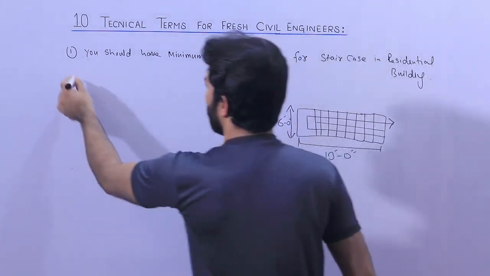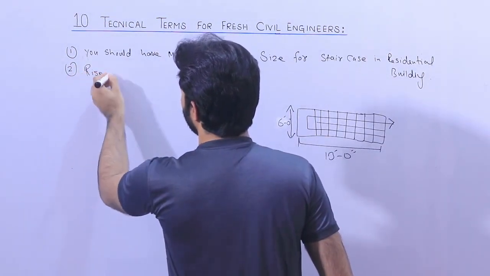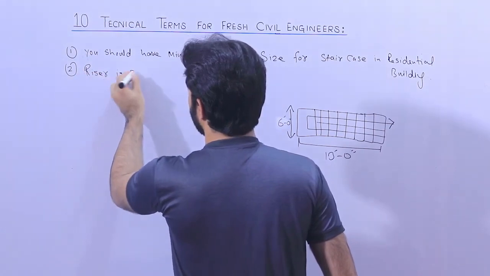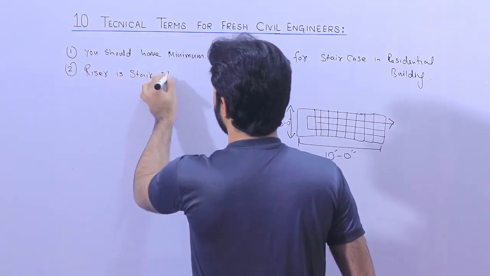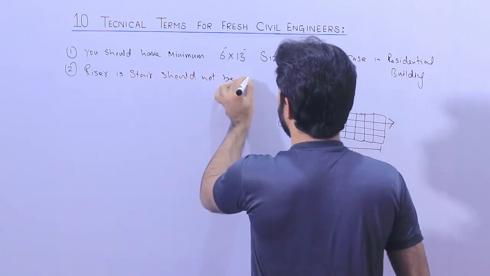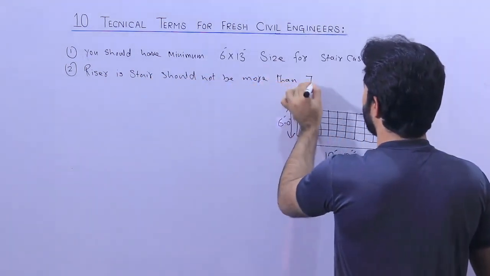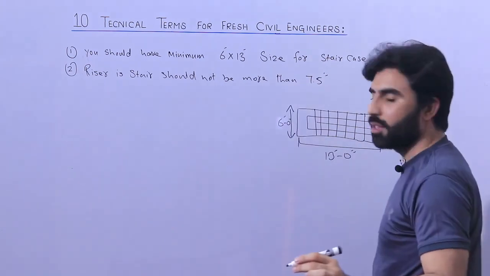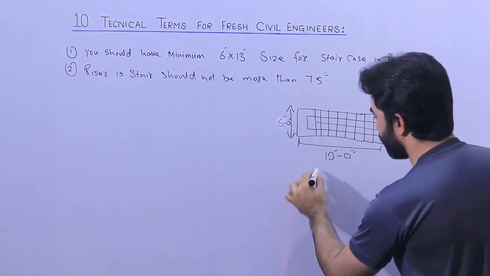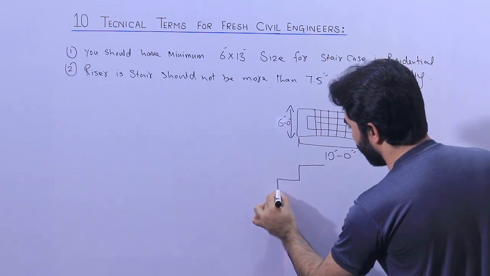This is very important. The second one is, a riser in a stair should not be more than 7.5 inches. Riser, what is a riser, guys? You can see this is a tread, this is a riser, this is a tread, this is a riser.